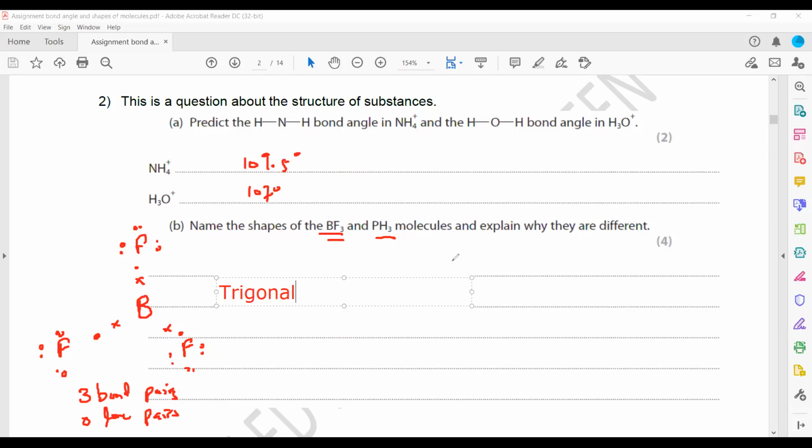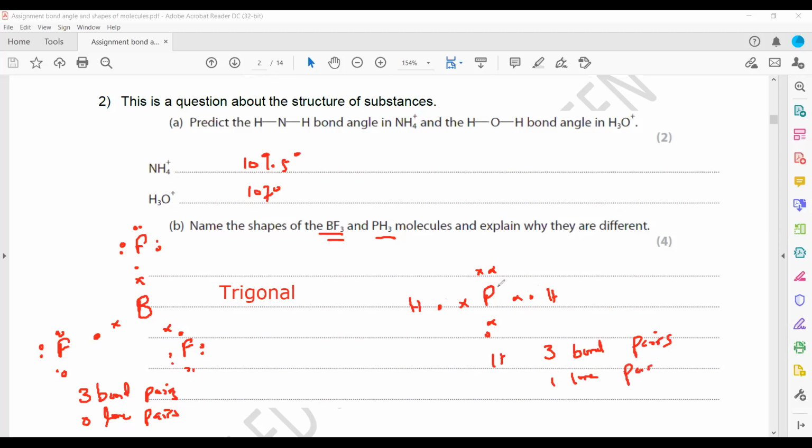What about PH3? Phosphorus belongs to group 5, so it will share 3 electrons. It's the same as ammonia. So it is having 3 bond pairs and it is having 1 lone pair. So when 3 bond pairs are there and 1 lone pair, that is the same as the structure of ammonia NH3.